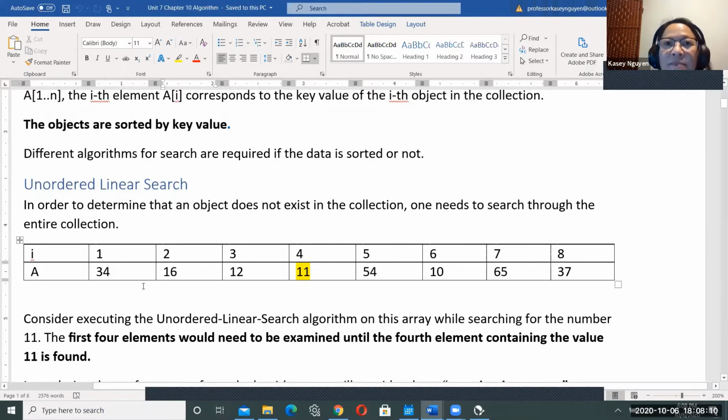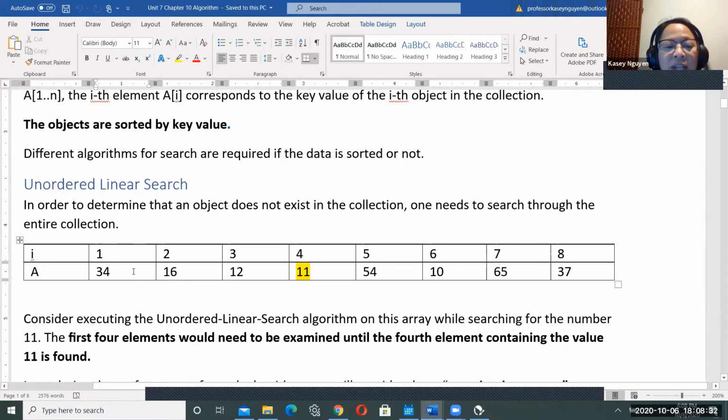So we simply input the data and we don't organize it, and we would tell the system to search through it. In this case, if you look at the example, unlike programming, our index here starts with 1. In programming, we would start with index 0 for the first element.